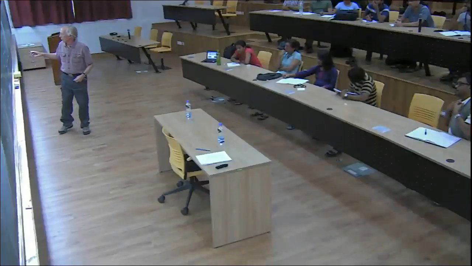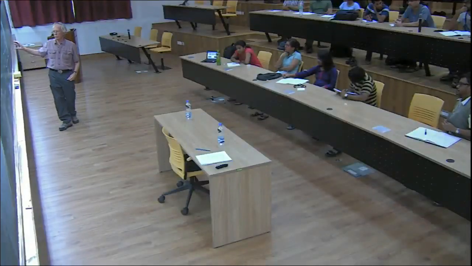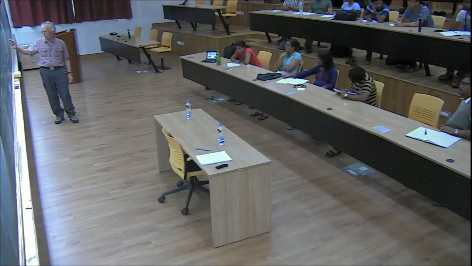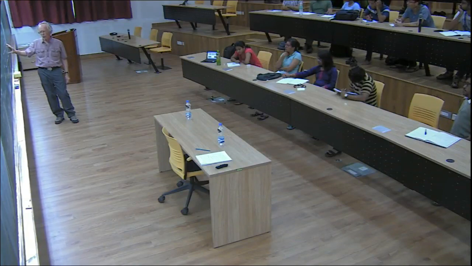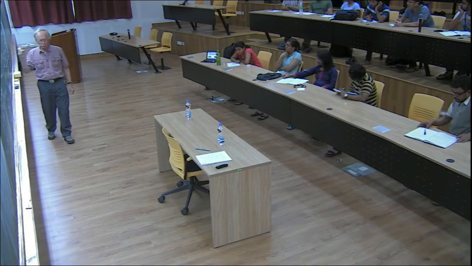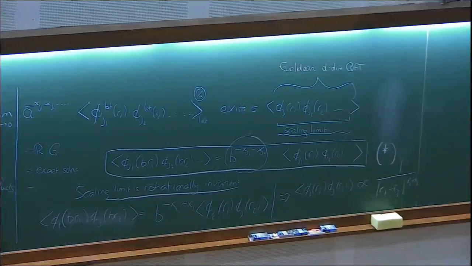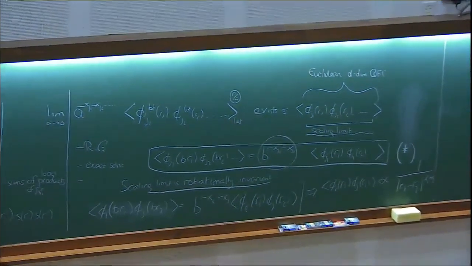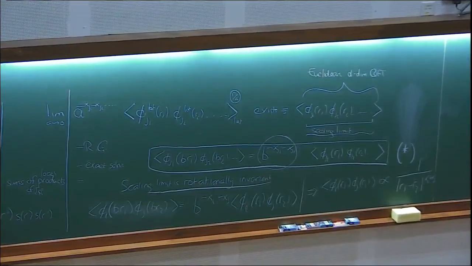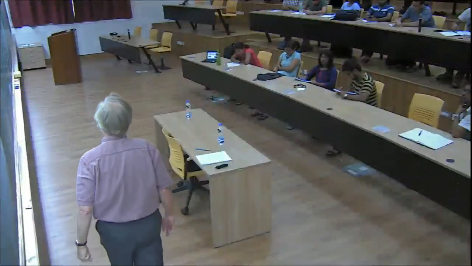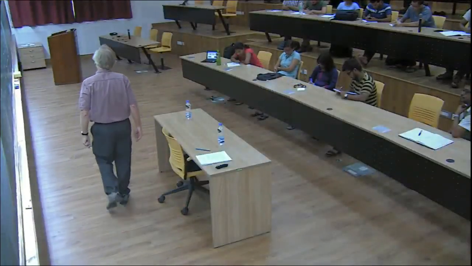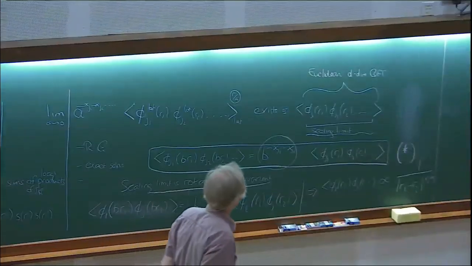So maybe there should be some generalization of this equation to the case where B is not a constant, but is smoothly varying in space. So we are going to make B go to a smoothly varying function of R and ask whether there might be a similar sort of equation.